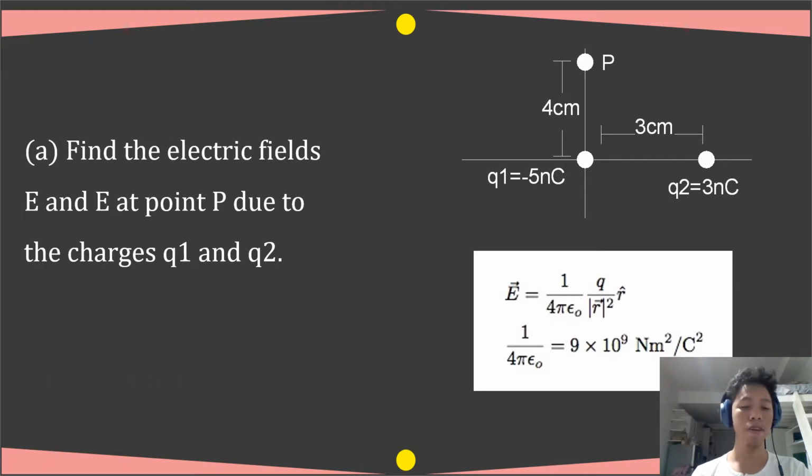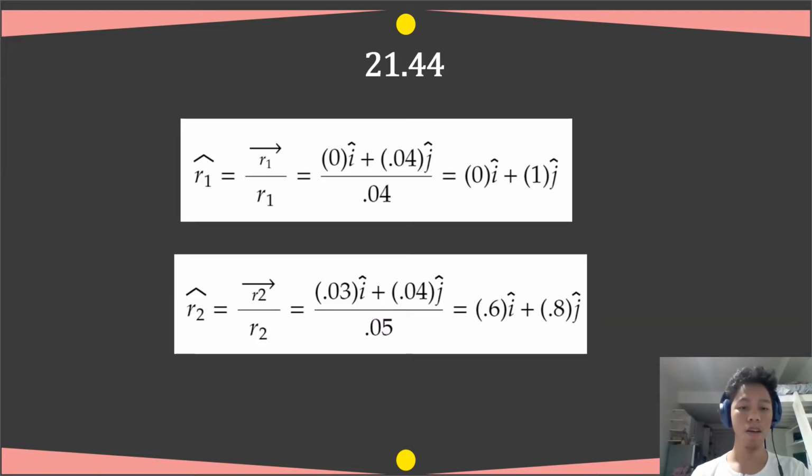So first, find the electric fields E1 and E2 at point P due to the charges Q1 and Q2. As you can see at the top right, that's the visual representation of the problem given earlier. And as usual, we're going to use the formula at the bottom right to find the electric fields. First of all, we're going to find the unit vectors of the two charges.